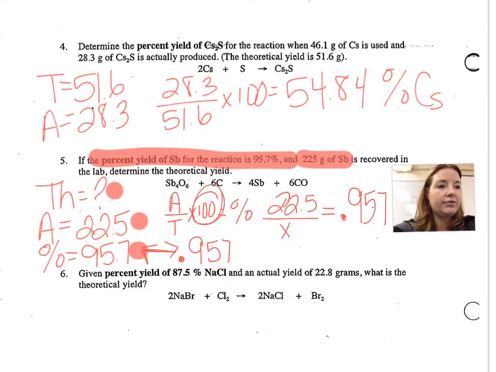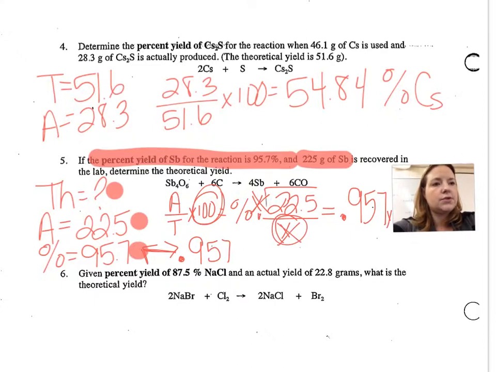So now I've got to solve for x. When we're solving for x in a problem like this, x is on the bottom, so I'm going to multiply this side by x so that it cancels out. Multiply this side by x. So then I have to solve for x, so I have 22.5 is equal to 0.957x.